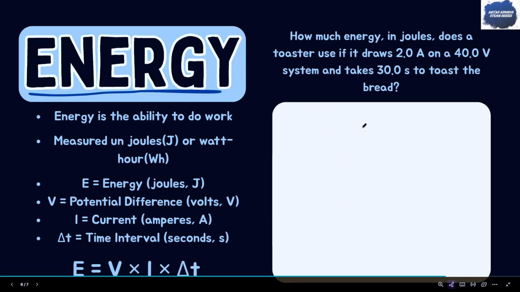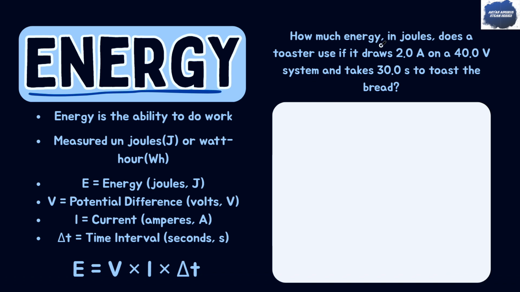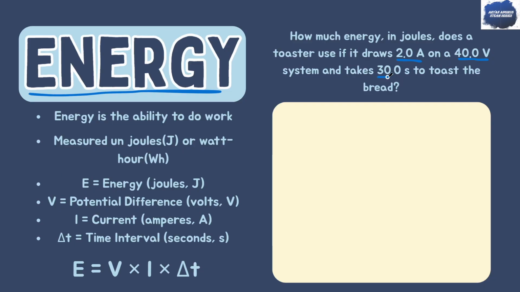So in this sample question, we have how much energy in joules does a toaster use if it draws 2 amps on a 40-volt system, takes 30 seconds to toast the bread. So we have our I, we have our V, and we have our delta time.